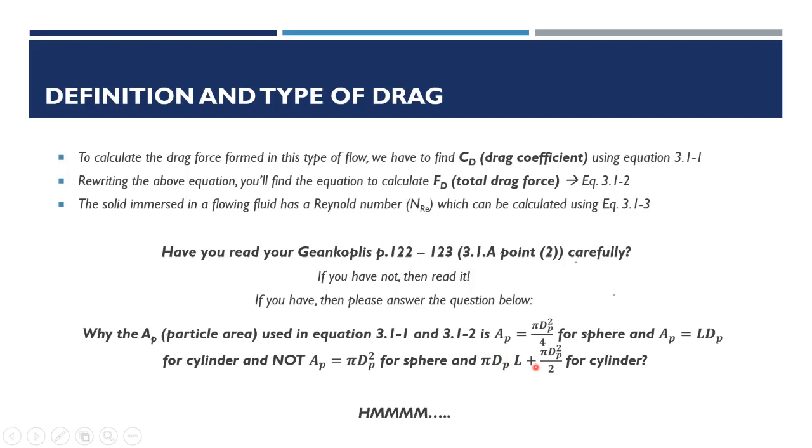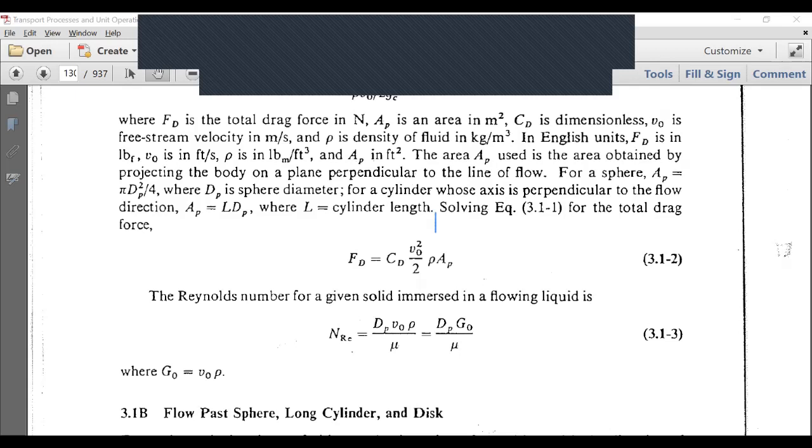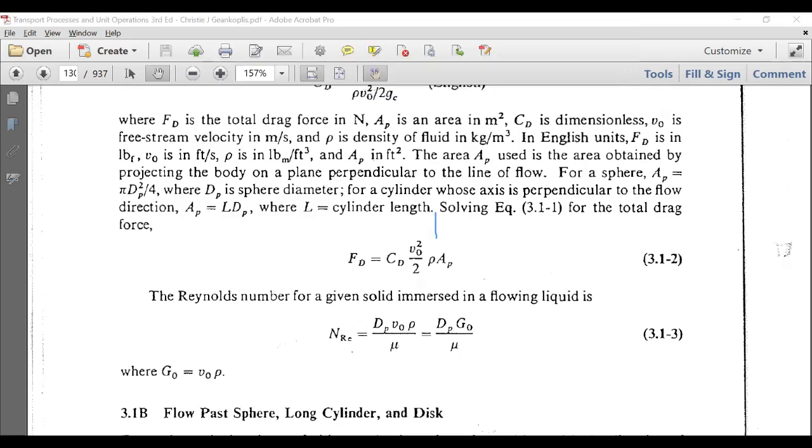Why? If you see here, for the cylinder, they said it's L times dp, while for the sphere, it's pi times dp squared over 4.